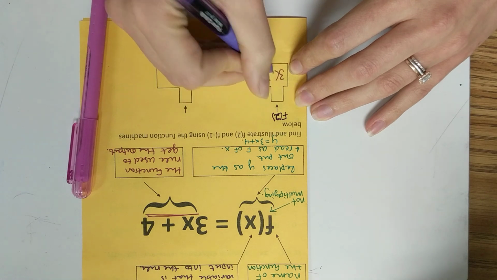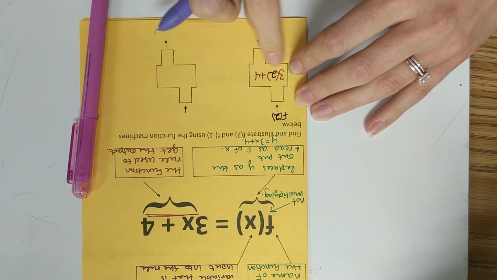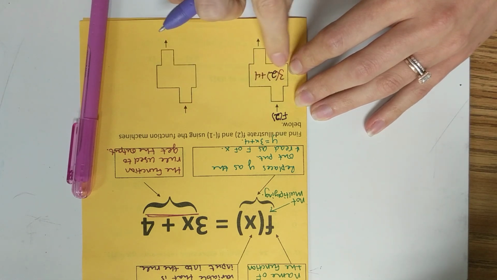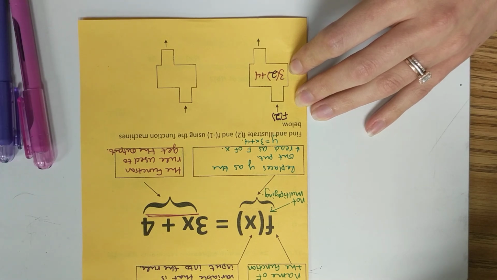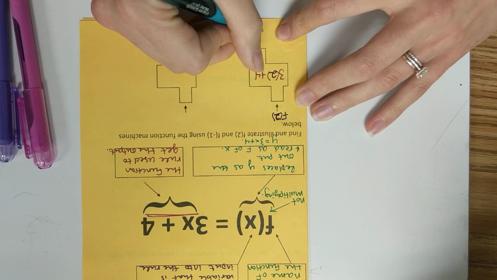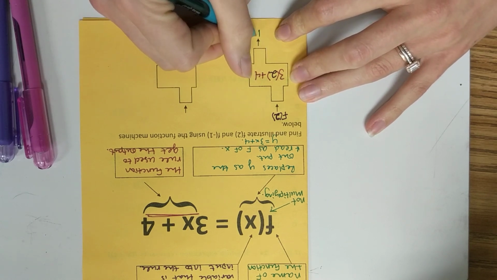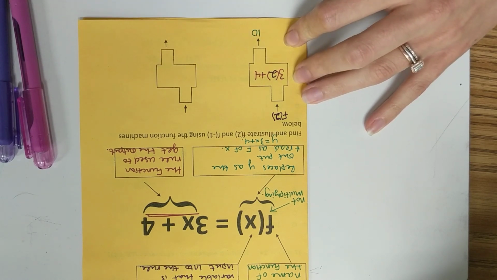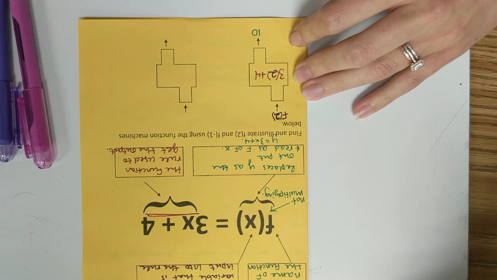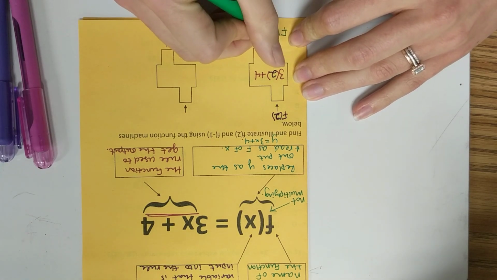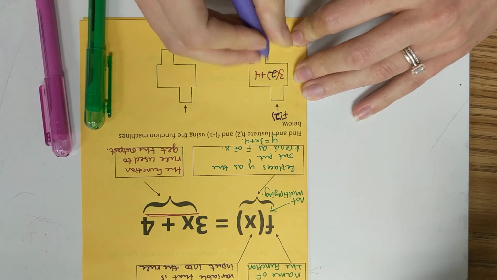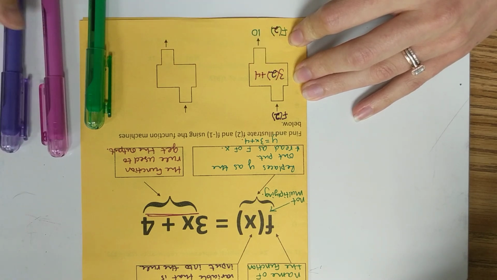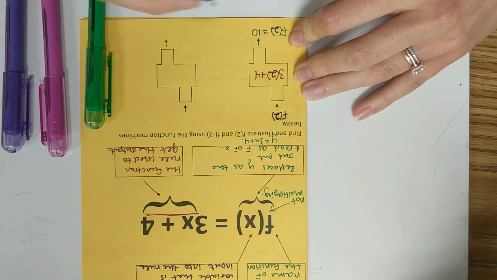So x is being replaced with 2. So 3 times 2 plus 4. So 3 times 2 is 6 plus 4 is 10. So that means that my output is 10. So we would say that f of 2 equals 10.